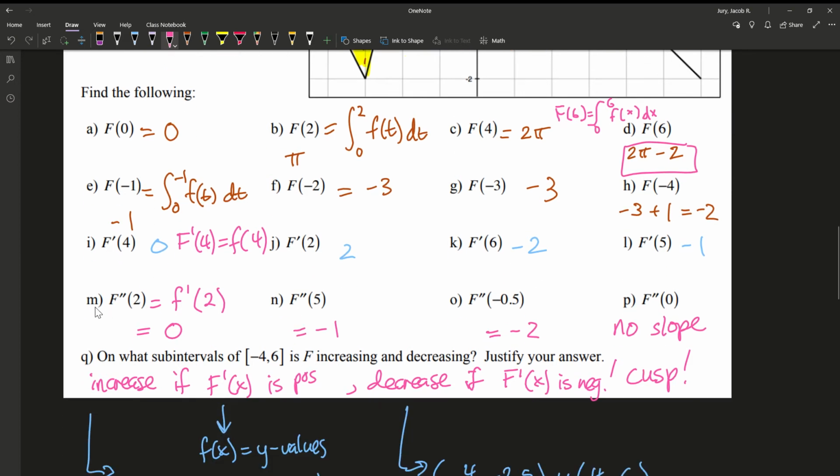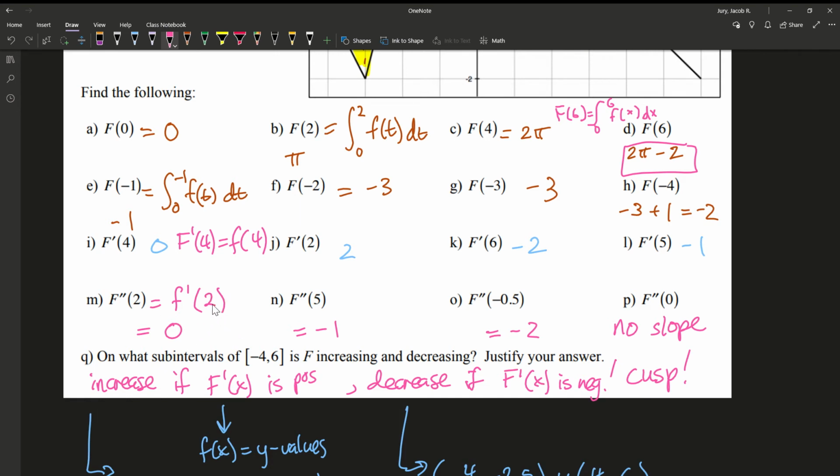But when I look at the second derivative of capital F, remember that the first derivative of capital F is the y values. Well, if I take the second derivative of capital F, that's the original function's slope, like we used to work with the derivative.